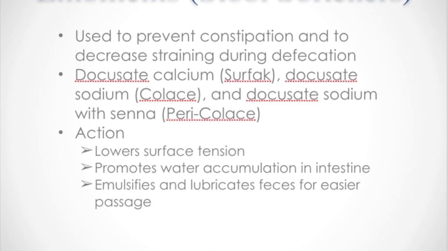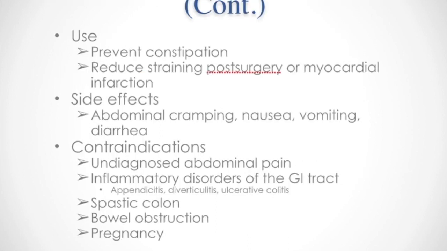And then it also lubricates it so the stool comes out easier. We use these to prevent constipation. Again, these aren't addictive. And they are generally well tolerated. There are some reasons not to give an emollient, and they're listed here on the slide. So I would be familiar with those. And then that brings us to the end of chapter 47.